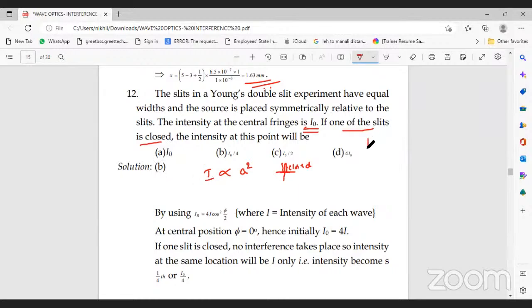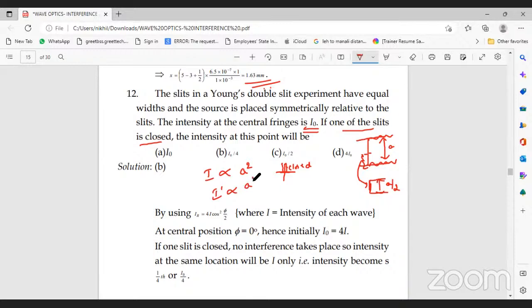So for this, complete wave is coming like this. This is the amplitude. If half of the slit is closed, I'm going to get only this portion. So what happens to the amplitude? If I say this is A, this will become A by 2. So what will happen to the new intensity?